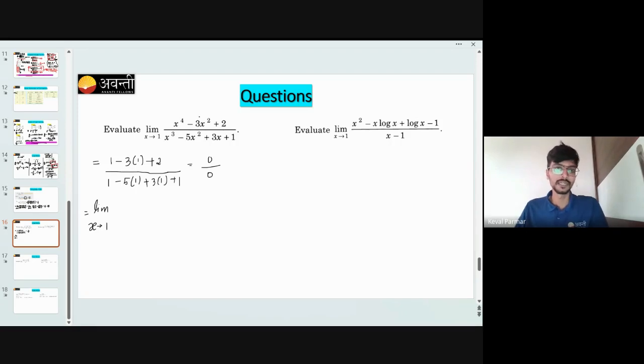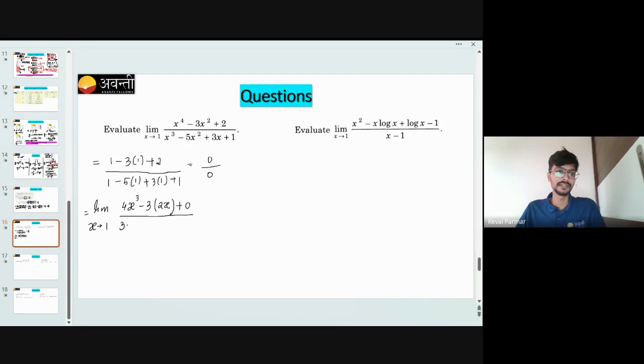Differentiate the numerator. Here we will use subtraction and addition rules. So derivative of x raised to 4 is 4x raised to 3 minus 3 will remain as it is, and we will get derivative of x square, which is 2x, and derivative of 2 is 0 upon x cube.